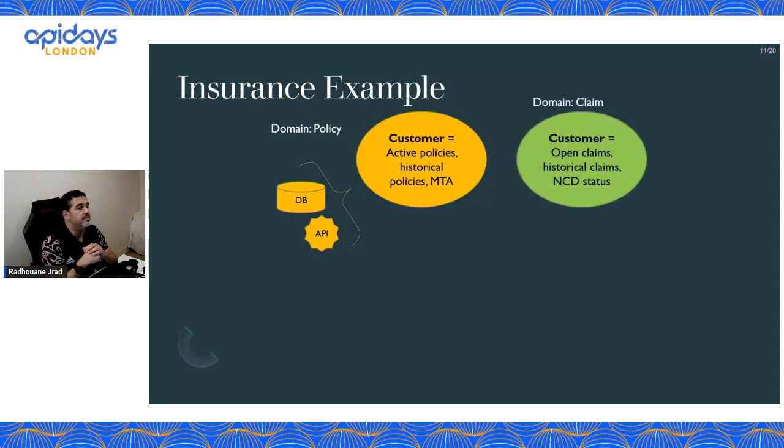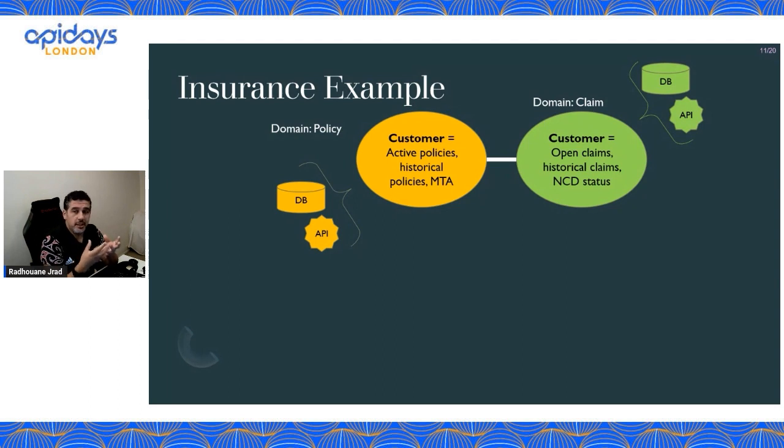You go to the claim team, they're dealing with people who had the unfortunate accident, and they're trying to recoup some losses. So from their point of view, the customer is about claims open, historical claims, no claim discount status, and whatnot. They don't care if they do have an MTA historical policy or not.